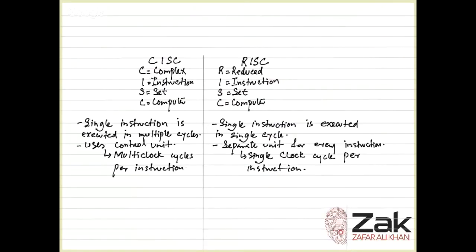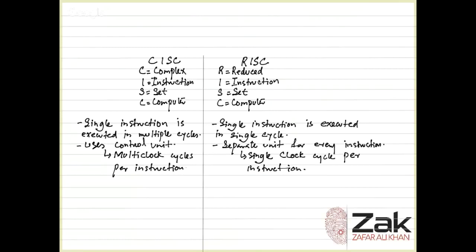Let's see. In CISC, a single instruction is executed in multiple cycles. What is a cycle? We know the von Neumann architecture has the fetch, decode, execute cycle. If we have an instruction that has an equivalent machine code instruction, just one cycle is required to complete it.